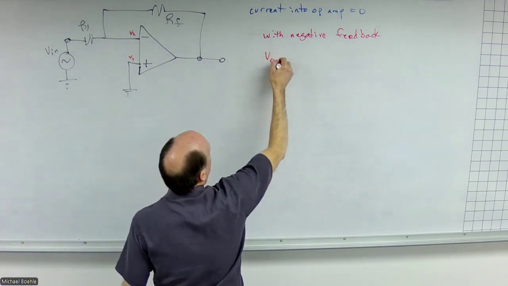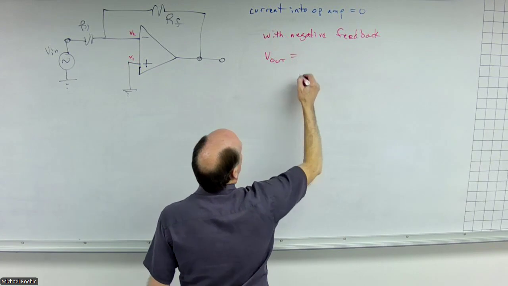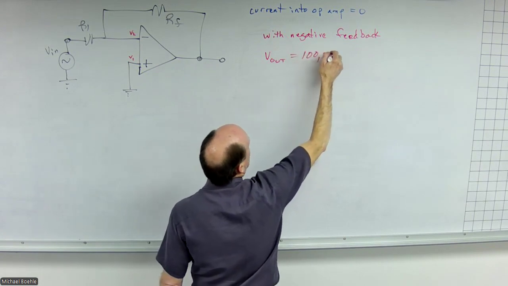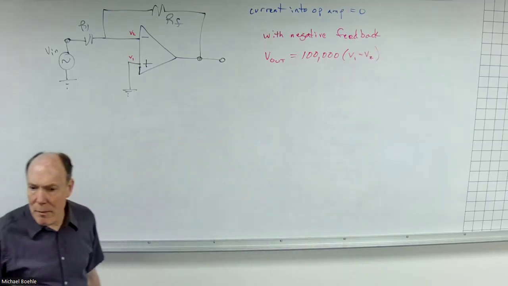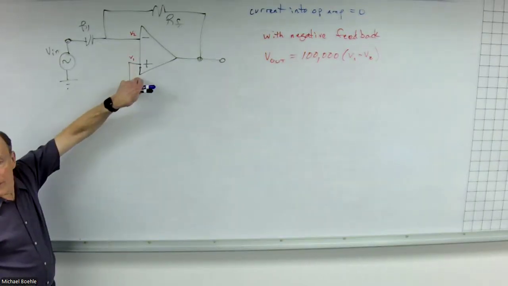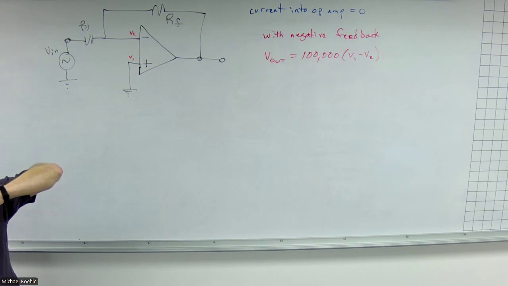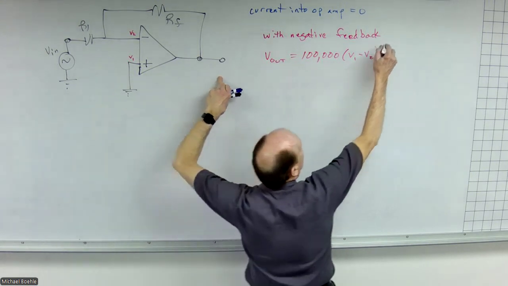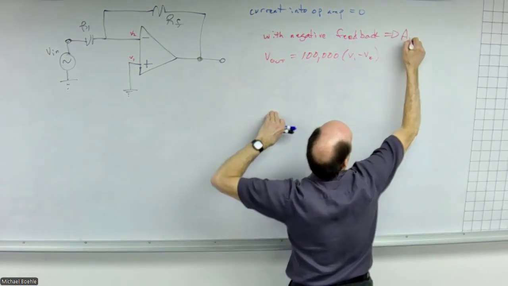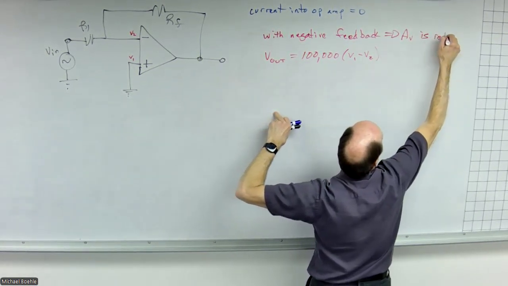So the output voltage of my op amp is equal to 100,000 times V1 minus V2, as measured here and there. With negative feedback, voltage gain is reduced.